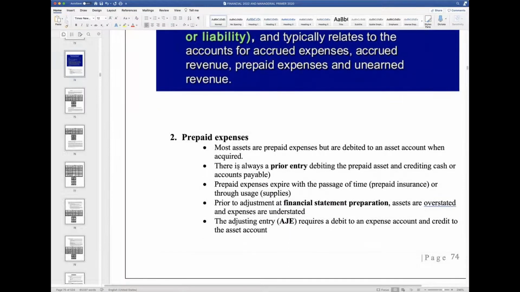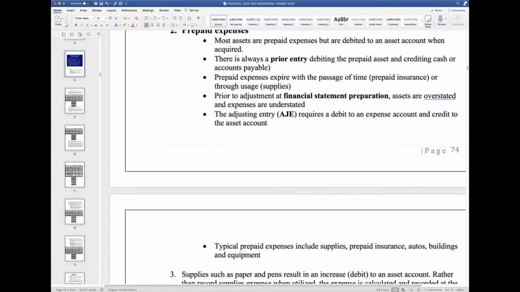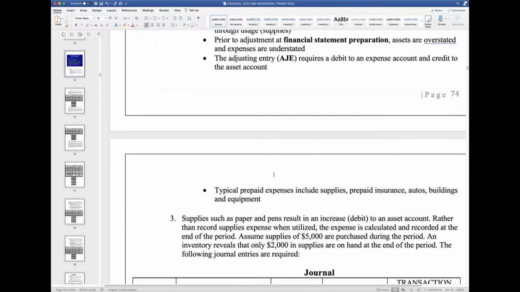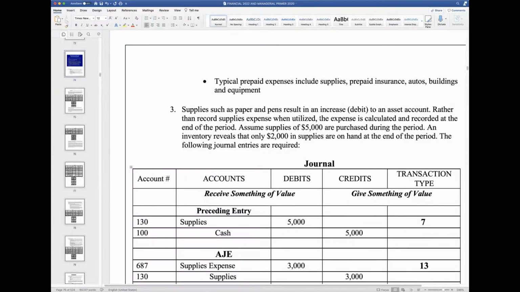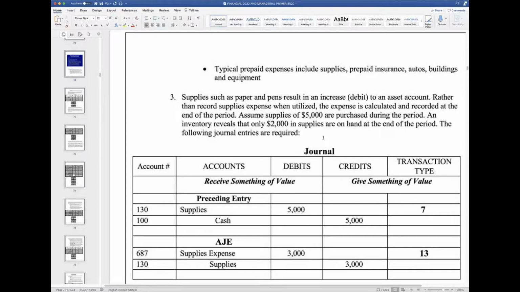We're going to look at prepaid expenses today, and then we'll go on to some other types of adjusting entries. But we said a typical prepaid expense was supplies. If we bought supplies for $5,000, it's an asset. But once the supplies are utilized, they become an expense.